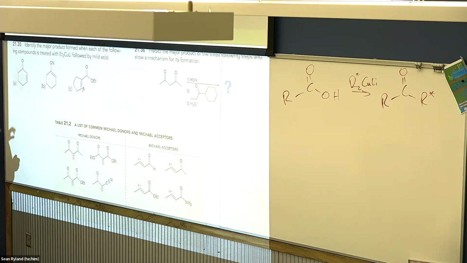Just to recap, I know we've already done these, but for A, what that's going to look like is our Michael acceptor, which is our alpha beta unsaturated carbonyl. We're going to break that pi bond and add our ethyl group right there.